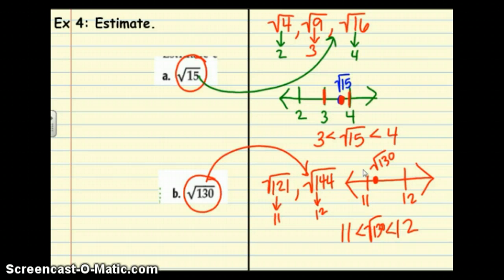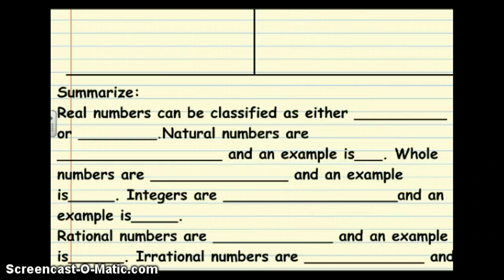All right, let's see if you took out of this what you needed to. It's time to write your summary. Real numbers can be classified as either what or what. And then we broke down those rational numbers and talked about natural numbers. Give us a definition of what they are and an example.